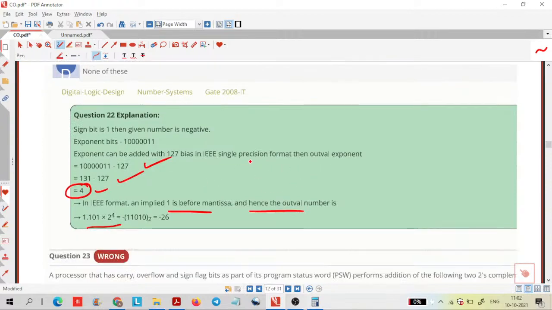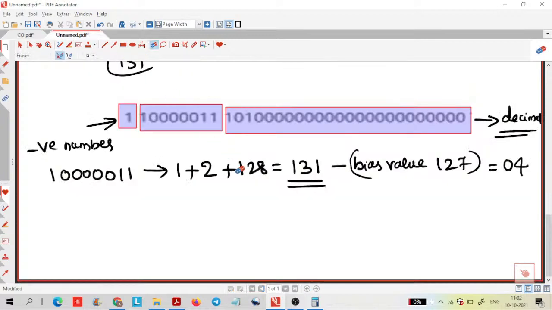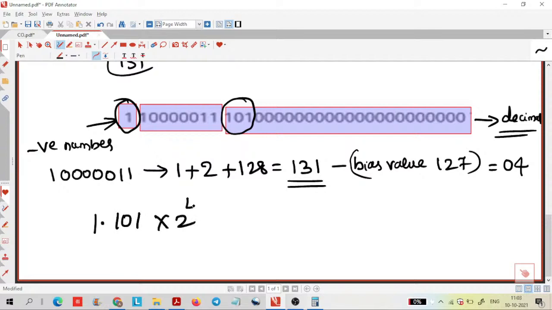Okay, see, your exponent will start, this is the exponent value 101. Okay, sign is there. So the normalization form is 1 point this fraction part into 2 raised to 4. Actually we have to keep this exponent value.